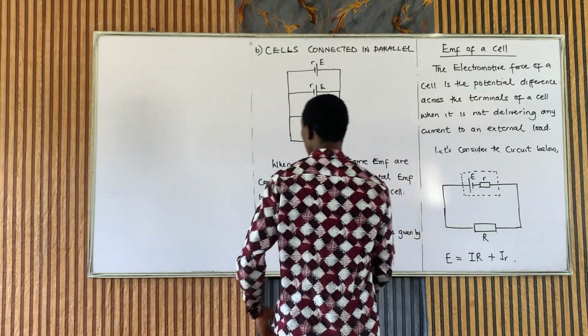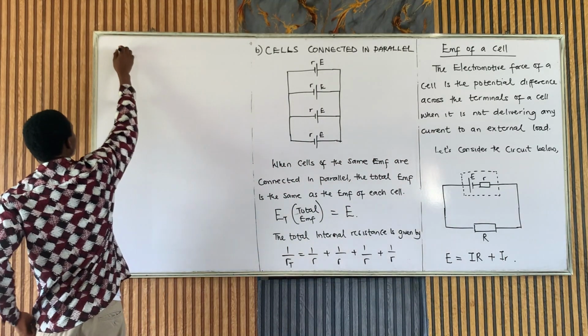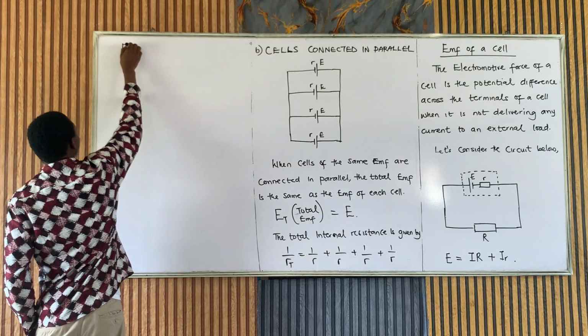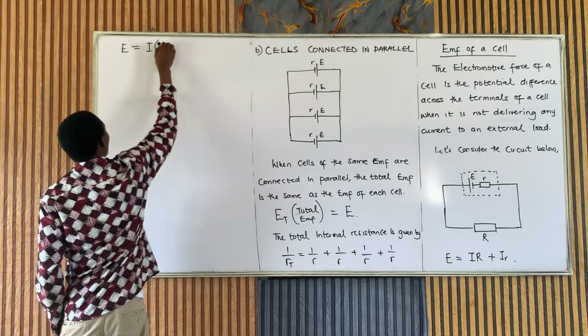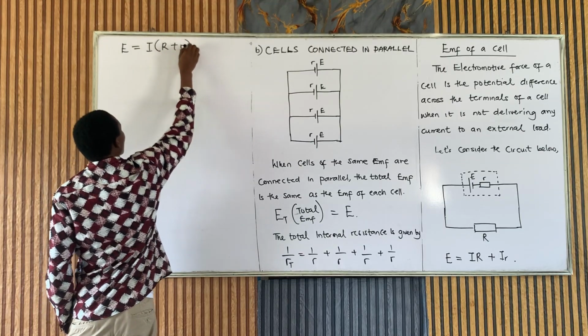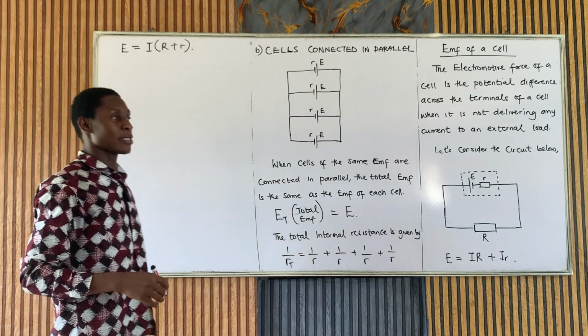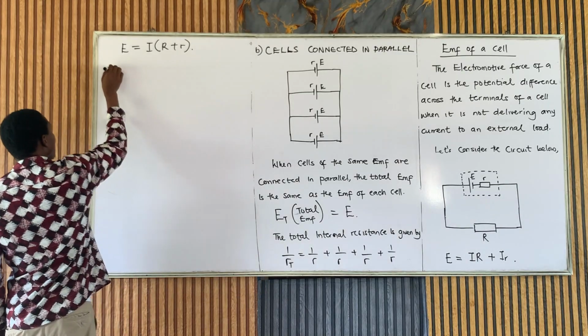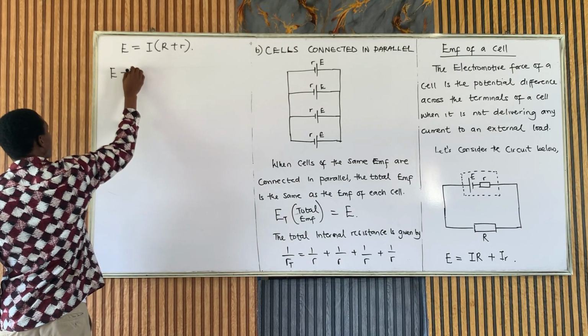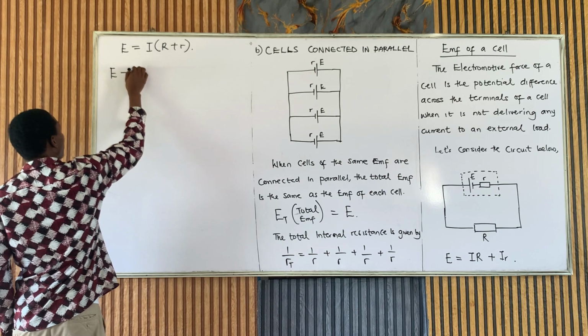We can take note that this can also be written as E is equal to I into brackets capital R plus small r, if you factorize the I. Now understand that this E is the EMF of the cell.